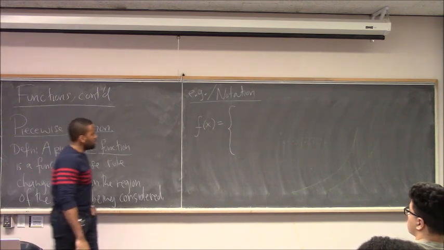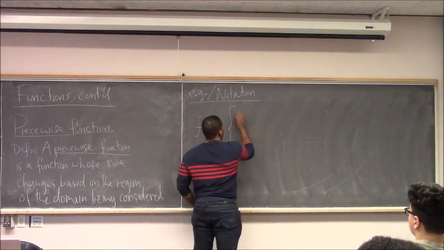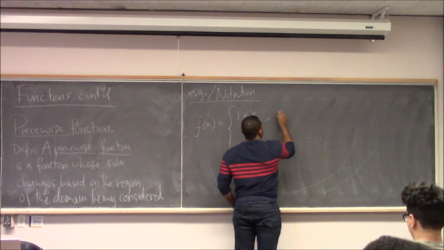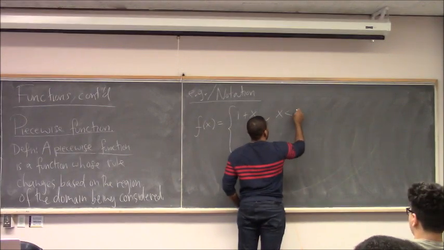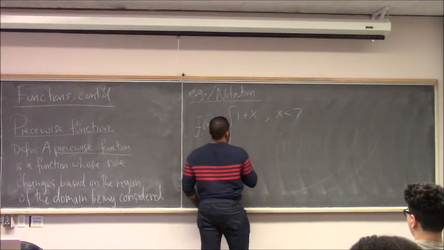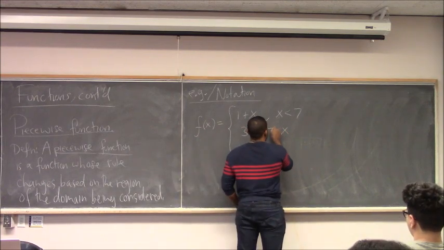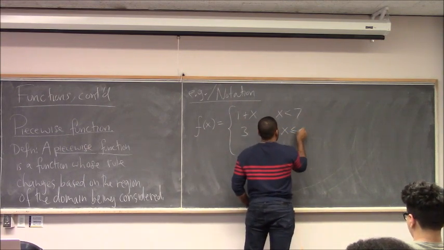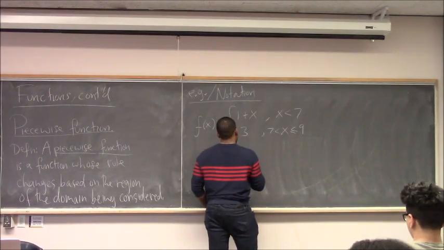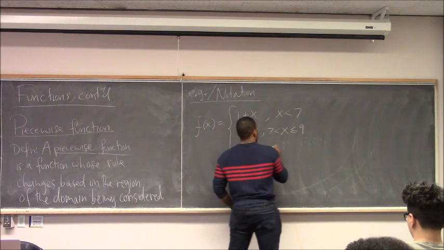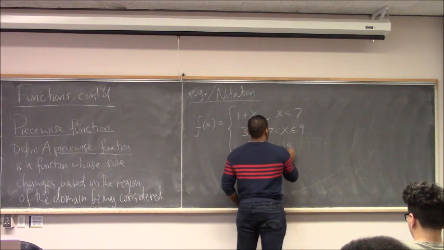For example, I can have a function that does 1 plus x if x is less than 7. I could have it be 3 if x is bigger than 7 but less than 9. And I could have it be 1 minus x squared if x is greater than 9.